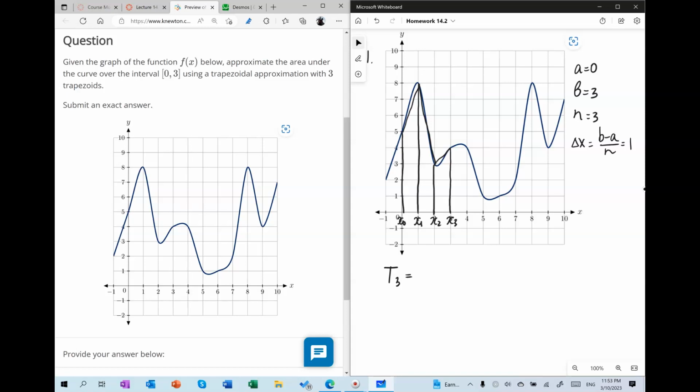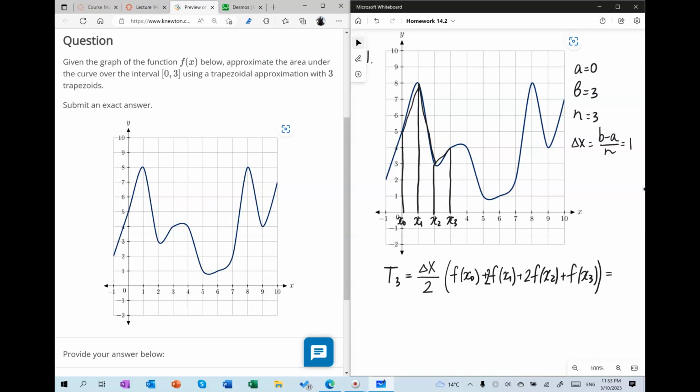So in other words, the formula for T3 is this. We're going to have delta x over 2, and here we're going to have f of x0 plus 2f of x1 plus 2f of x2 plus f of x3. So this is the formula. This is what we learned from the lecture.